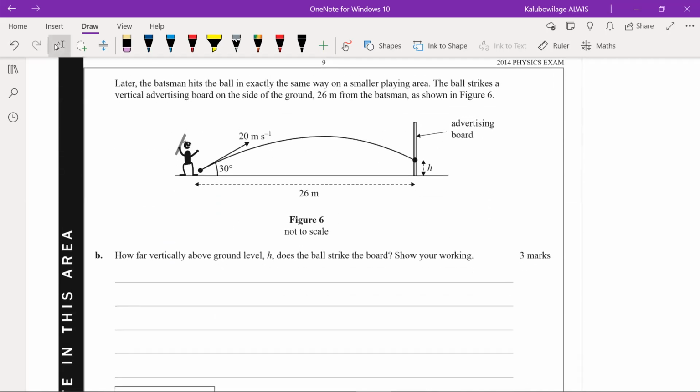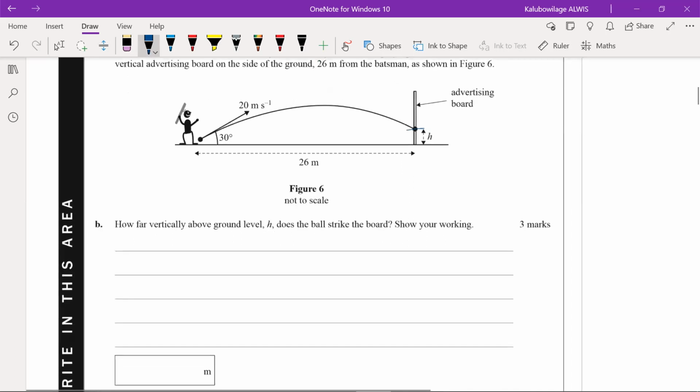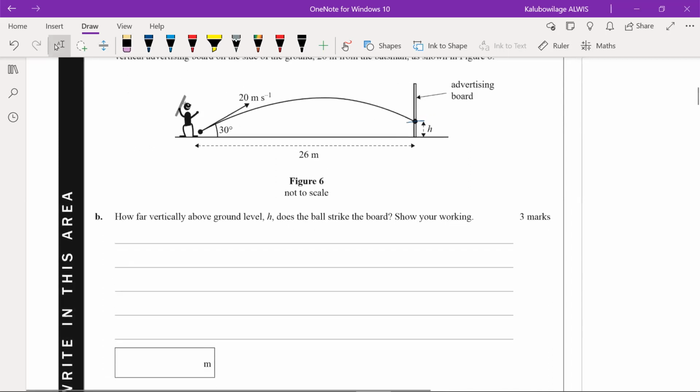Later, the path will hit the x, so we get to here, 26 meters. We can first find the time taken horizontally using the horizontal speed. S equals ut plus half at squared.